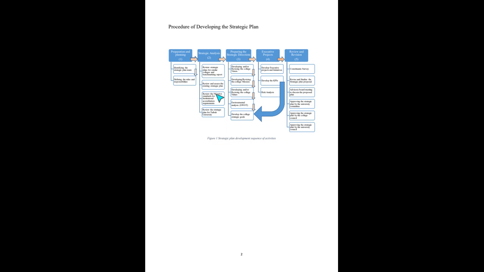And usually you have a master strategic plan, like what we have here in the Kingdom, the master vision, the 2030 vision. And then you may have a sub strategic plan for the organization.